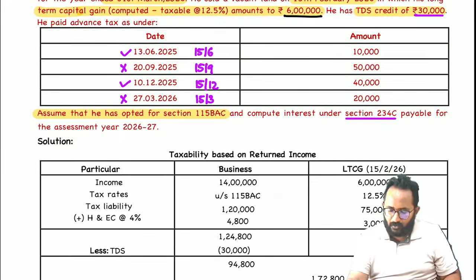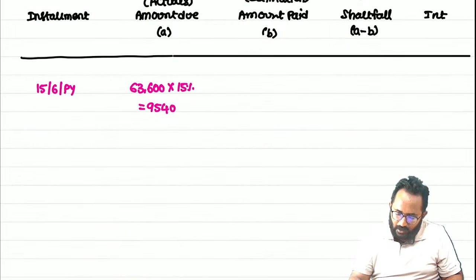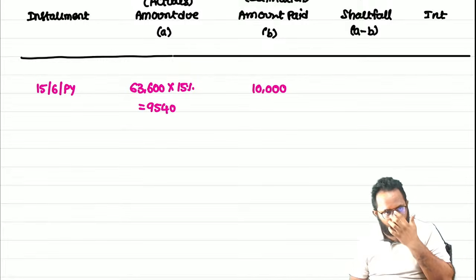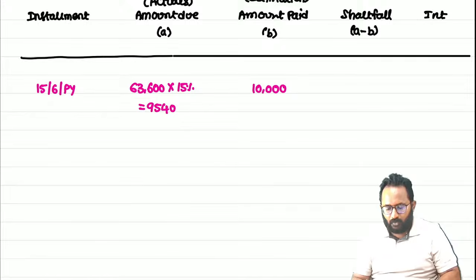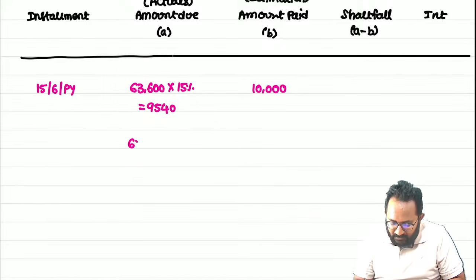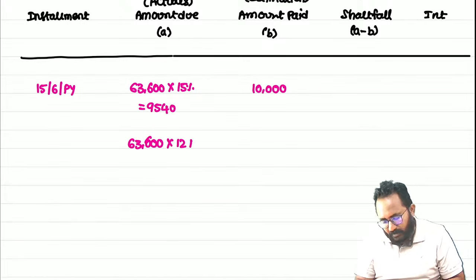Please listen. How much did you pay on or before that date? 10,000. So we paid 10,000 on or before that date. Whether we paid more or less, more. No need to compare with this, but you can compare with the at least 12% also, just to show the computation.